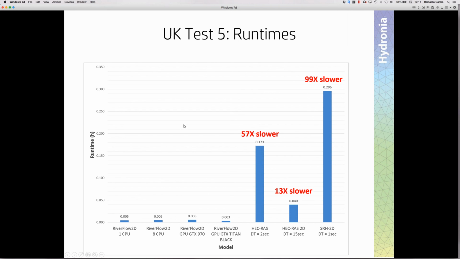So the difference here, from the fastest RiverFlow2D, we get HEC-RAS with 2-second time step 57 times slower, 37 times slower than RiverFlow2D with 15 seconds, and SRH-2D 99 times slower.